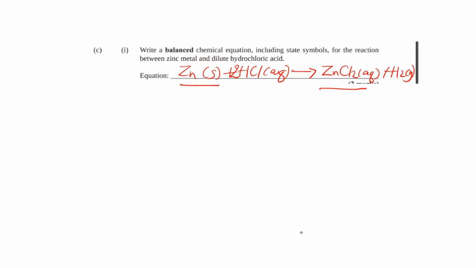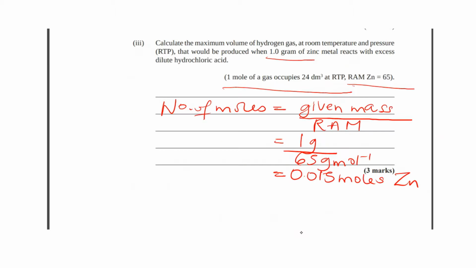So based on the equation, 1 mole of zinc, see right there, is equal to 1 mole of hydrogen gas, right? So based on equation, 1 mole of zinc is equal to 1 mole of hydrogen gas.